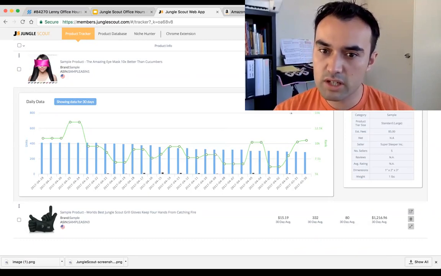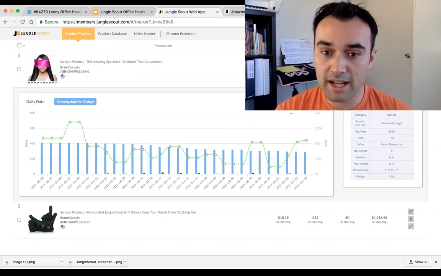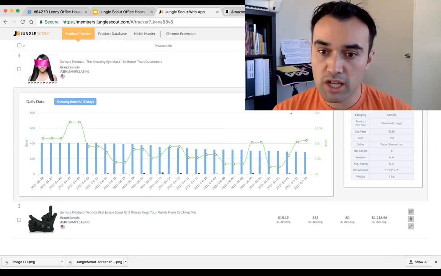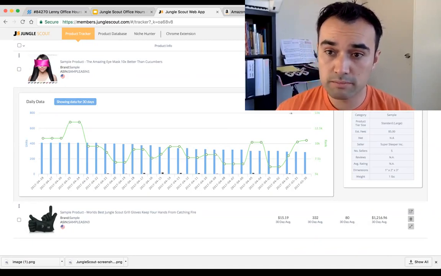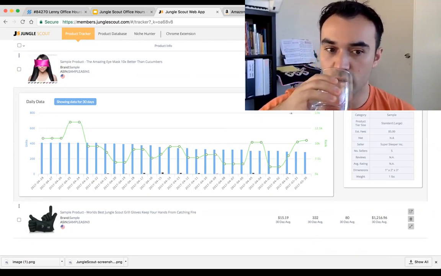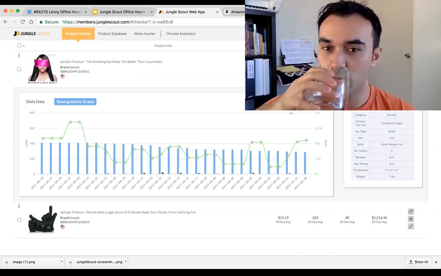Lester asks, can you explain the process to determine whether a product would be profitable once all import fees are calculated? Do you negotiate the price for the product with the factory and then get import costs from a freight forwarder? Oh, sorry, I'm just going to take a drink because my speech is getting all muddled.